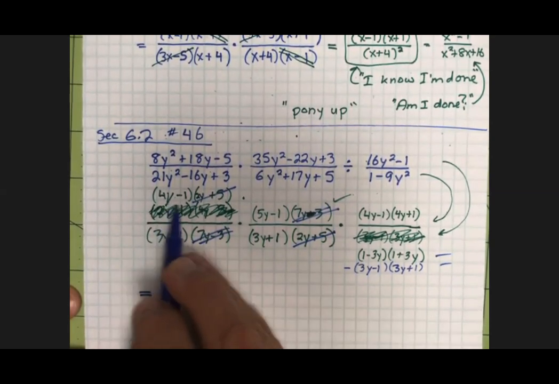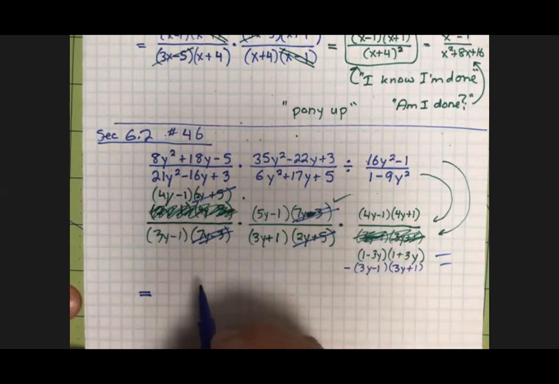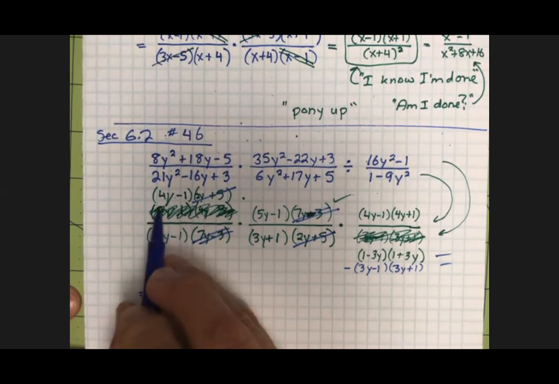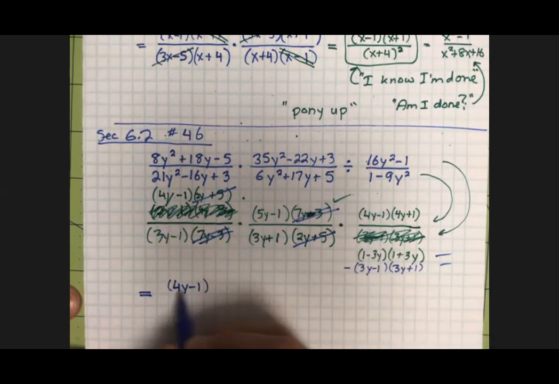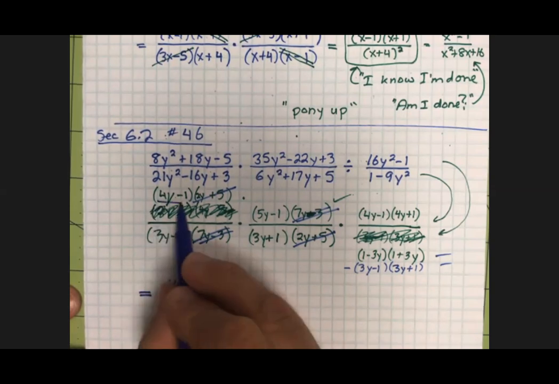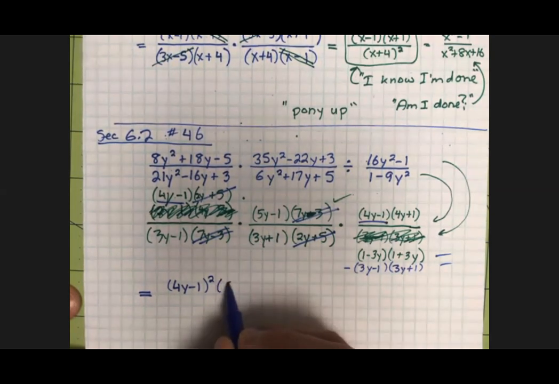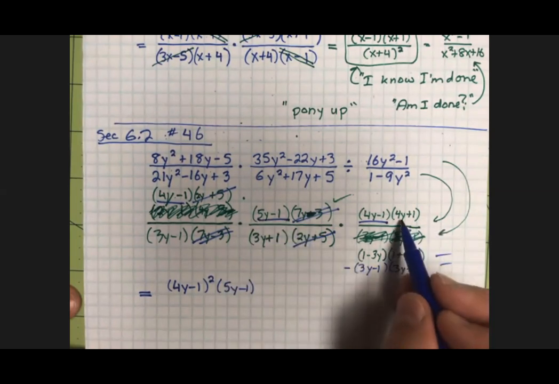I'll just have to write all the pieces that are left on top, which are 4y minus 1. And here, I got 2 of them. So again, don't write them next to each other. Say they're squared. Got it. And I got a 5y minus 1. And I got a 4y plus 1.